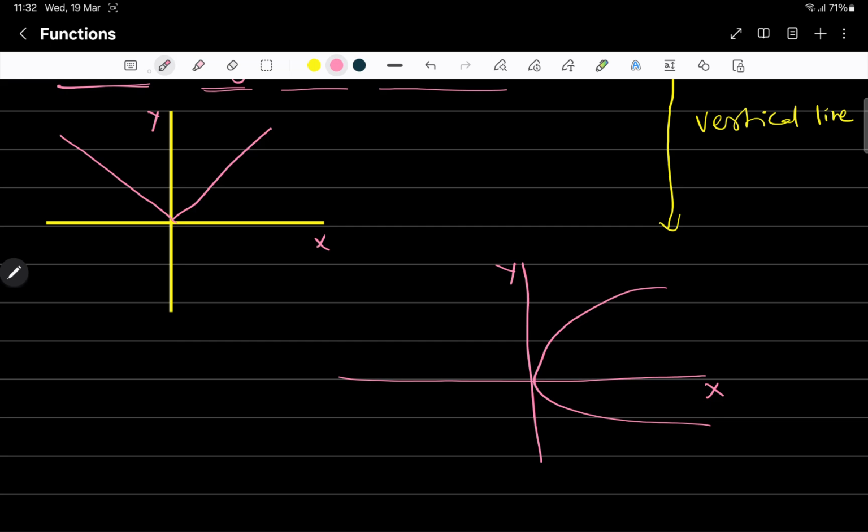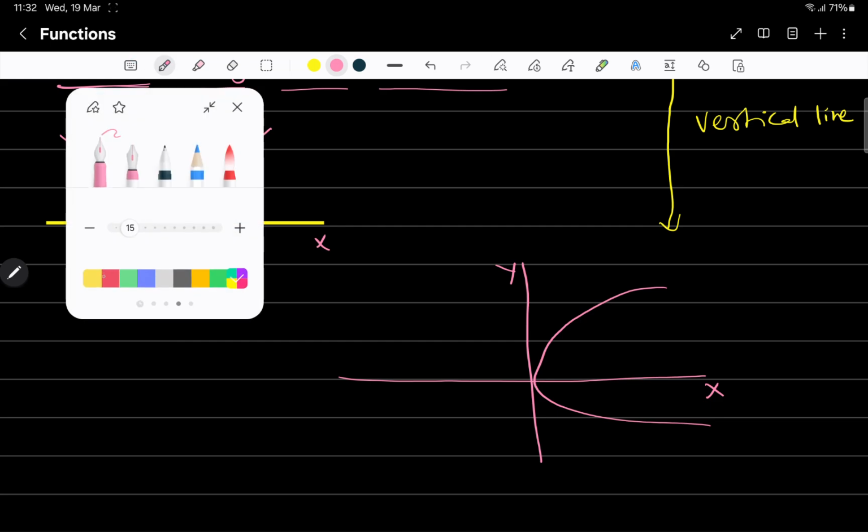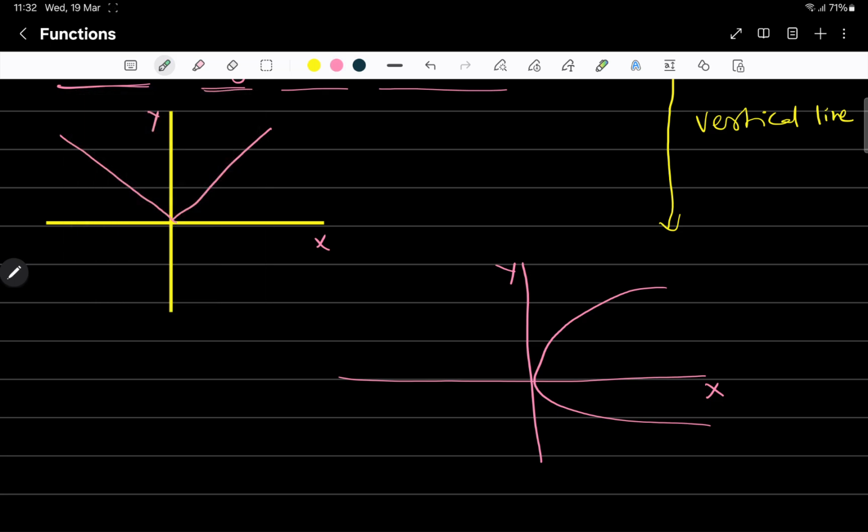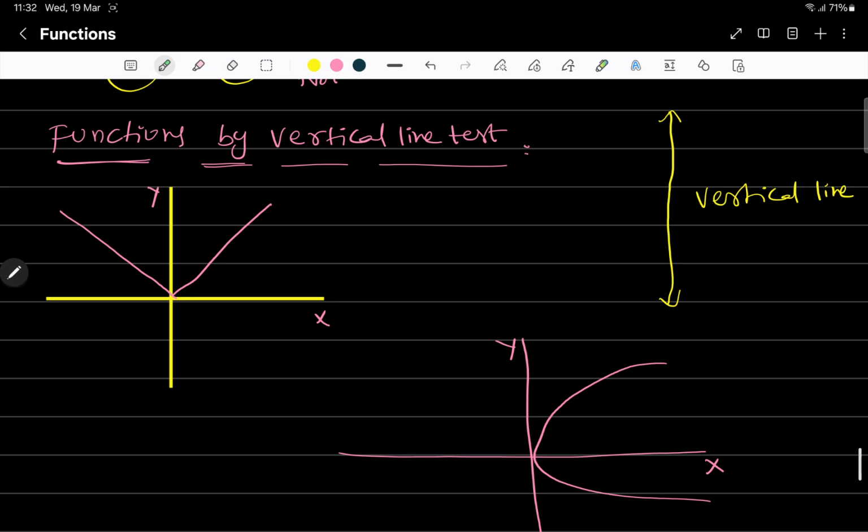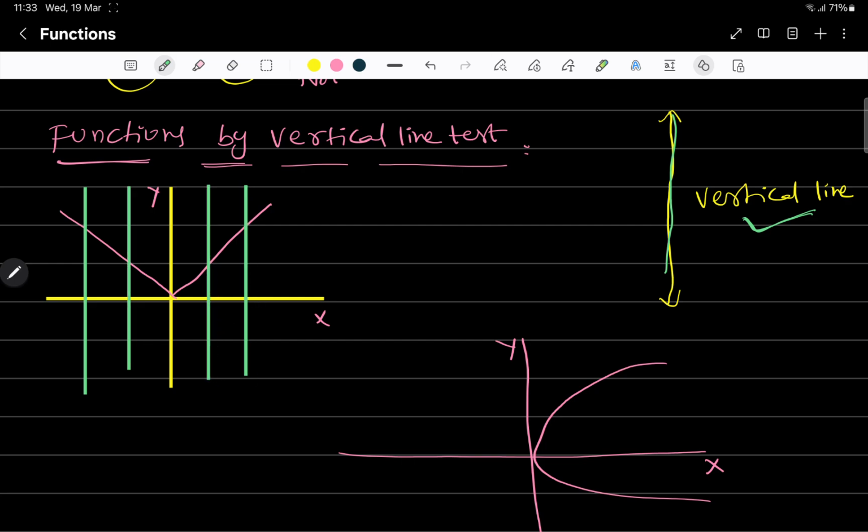Now see here, I will take another color. Now I have two graphs, here one graph and here one graph. Now using this vertical line, we can check this graph is a function or not. Vertical line, that means you have to draw vertical line anywhere for the graph. If I draw vertical line like this, you can draw anywhere for this graph.